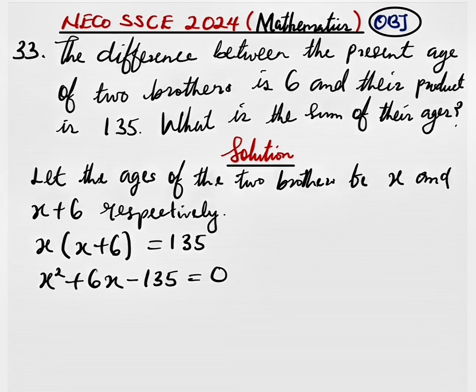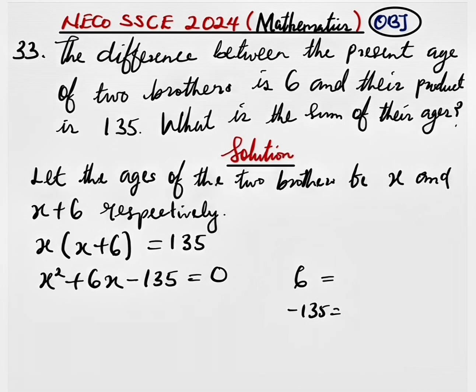So we bring out the middle term, which is positive 6, and the product of the leading coefficient and the constant. Leading coefficient is 1, the constant is negative 135. So this is going to give us negative 135 when it's multiplied.